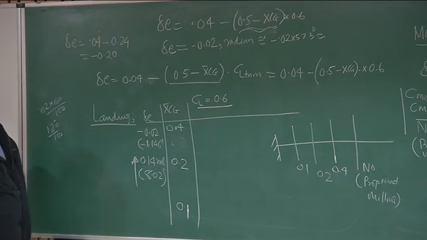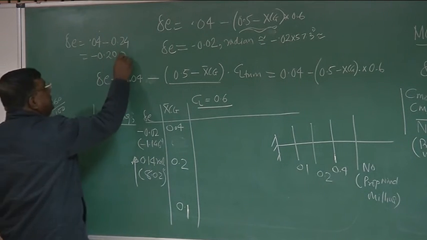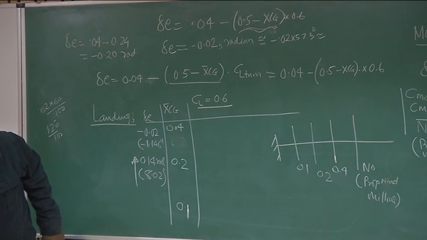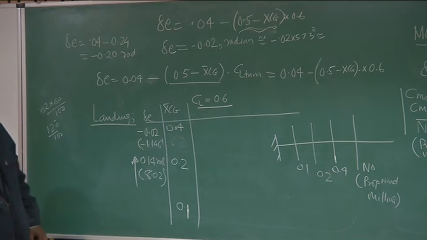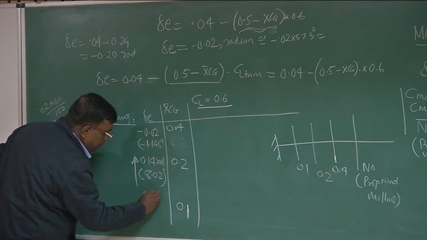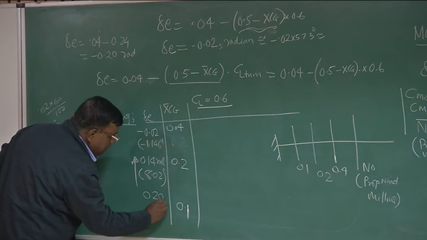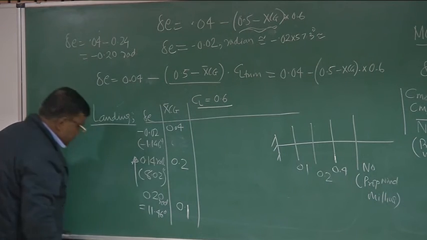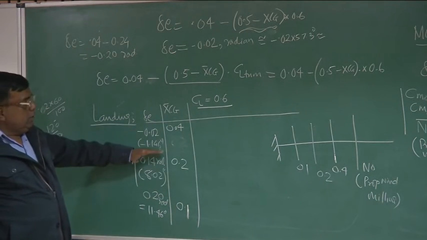What is 0.20 radian? Let me again calculate: 0.2 into 57.3 equals 11.46. So this is 0.20 radian, equivalent to 11.46 degree. Do you see this?